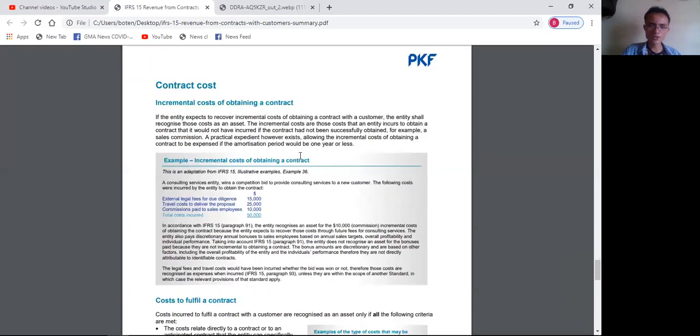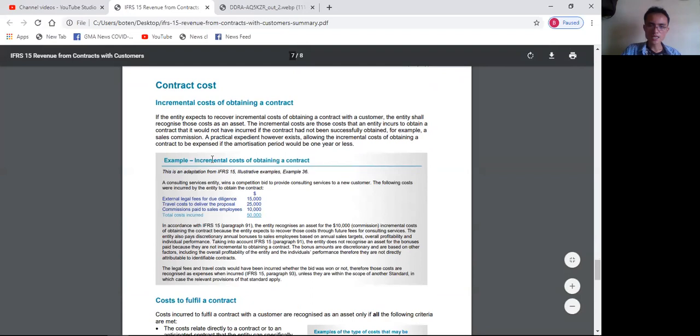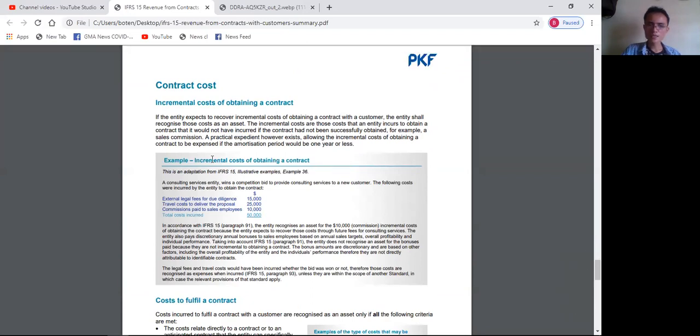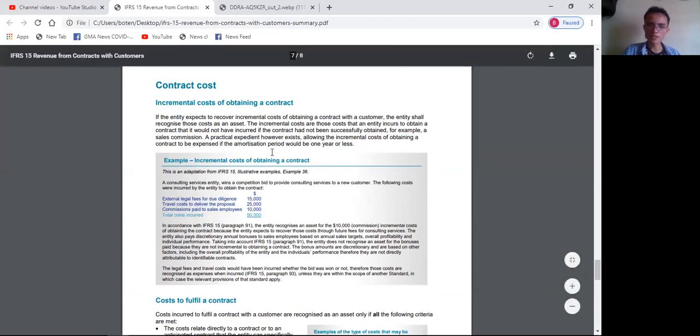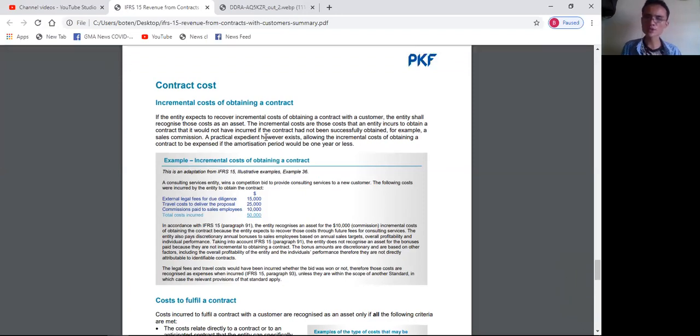All right, so here are the contract costs. In determining the costs in a revenue contract, we are going to include only the incremental costs. So when we are going to sell our products, remember, we are going to spend or sacrifice money for such.